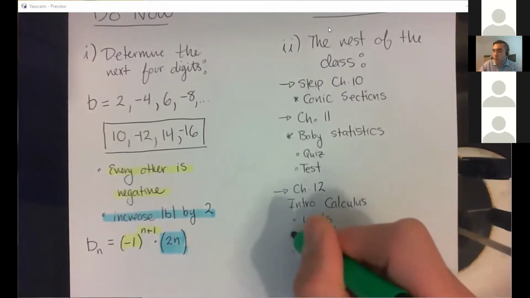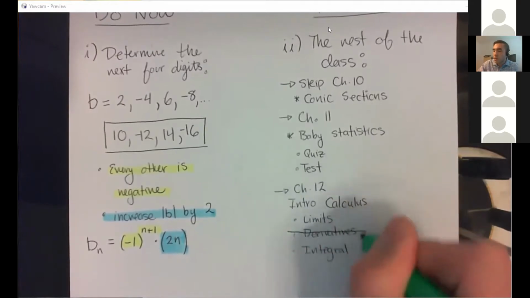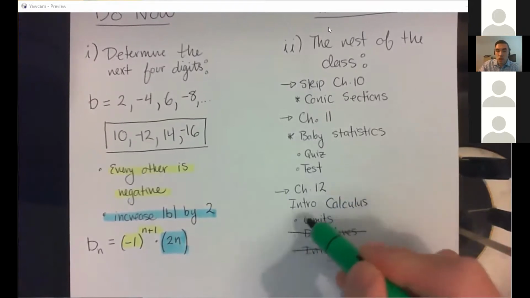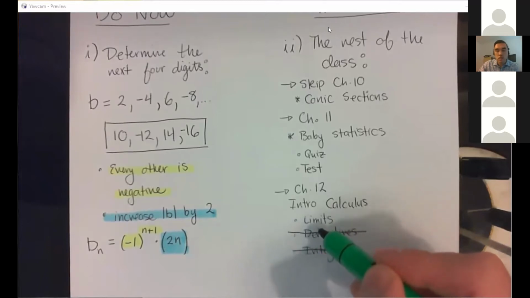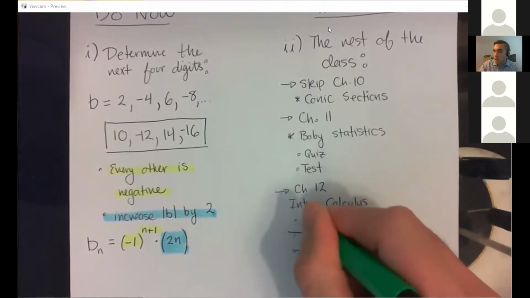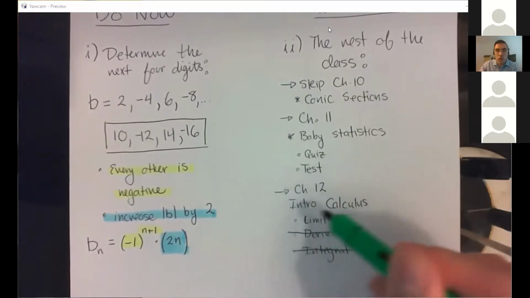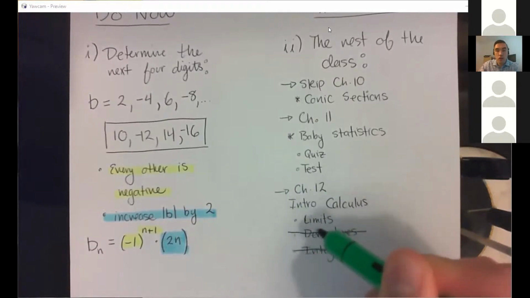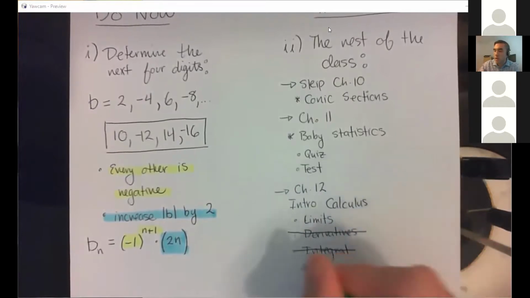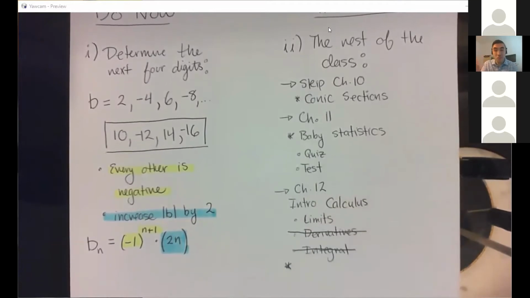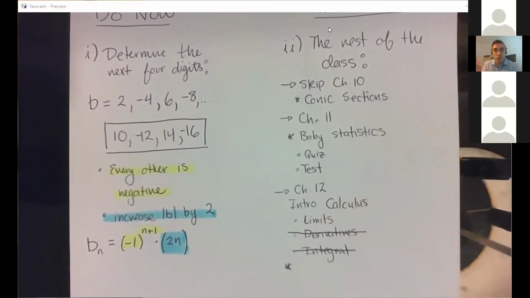So in our introduction to calculus that we're going to do at the end of the book, with whatever time we have left leading up to the final, we won't be talking about derivatives and we won't be talking about integrals, but I want to make sure that we get a chance to look at and try limits before you guys see it at the start of next school year, just because it'll make it that much easier. And here we're going to focus really hard on the vocab. But for this last chapter, chapter 12, our little intro to calculus with limits, because this is outside of the scope of pre-calculus, it's in the book, but it's not part of what I would consider to be pre-calculus.